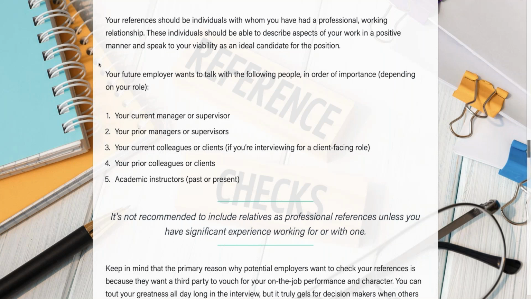So thinking about who you would want to connect with to ask for a recommendation via LinkedIn is a great strategy for just reinforcing information, even if you're not currently looking for employment. It's good to build those up over time.